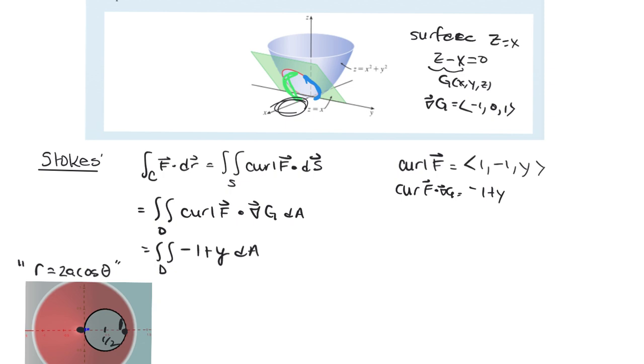We got the equation, the one that I just erased, by taking our paraboloid and our plane and eliminating z. We had x squared plus y squared equals x. If I convert that to polar coordinates, x squared plus y squared is r squared, and x is r cosine theta.